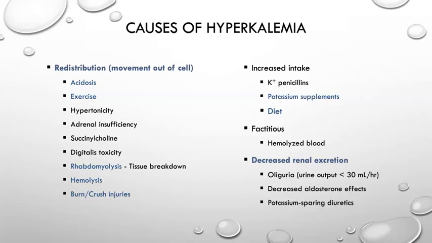This can be from rhabdomyolysis, massive trauma, hypothermia, or chemotherapy leading to tumor lysis syndrome. All of these causes just discussed lead to transient hyperkalemia, which may resolve when the kidneys excrete excess potassium. Only with impaired renal excretion will someone develop persistent hyperkalemia.